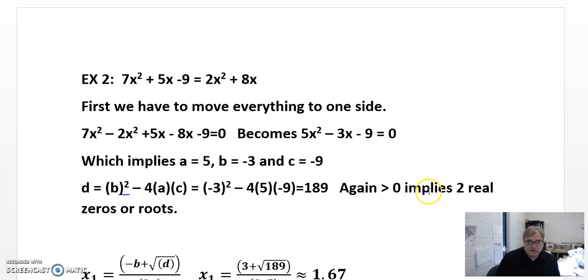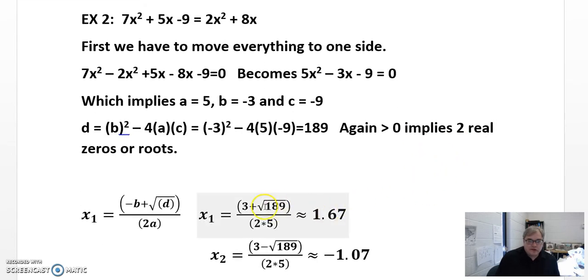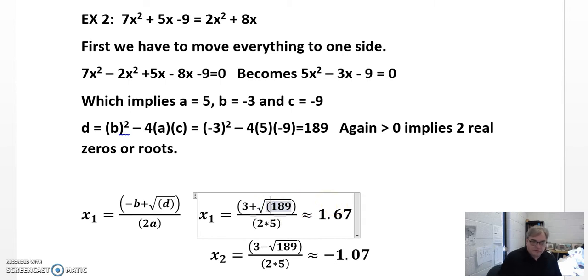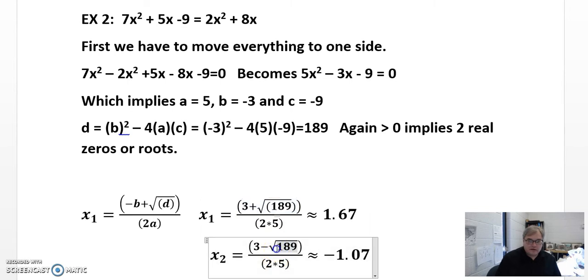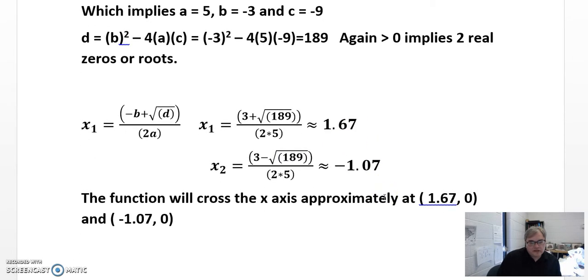Again, it's greater than 0, so that implies I have two real zeros, two real roots. Down here, I'm going to add these parentheses just for emphasis. You should always have these. When the dust settles, you should end up with those two zeros. Again, that's where it's going to cross the x-axis, approximately.